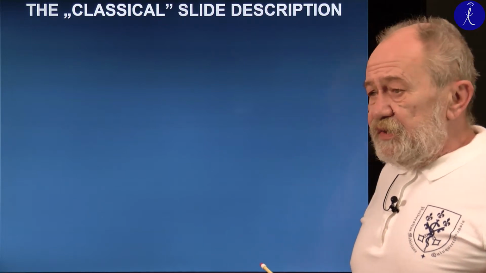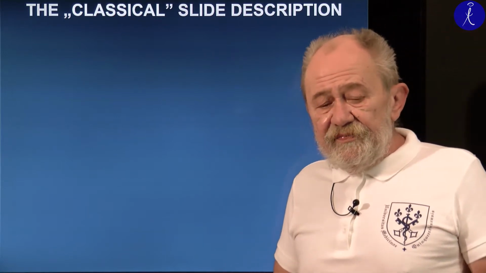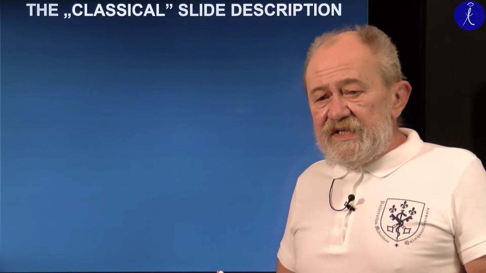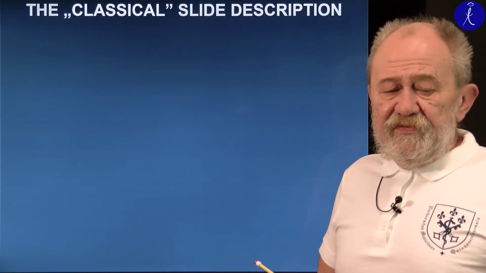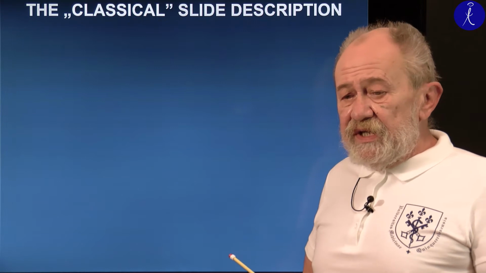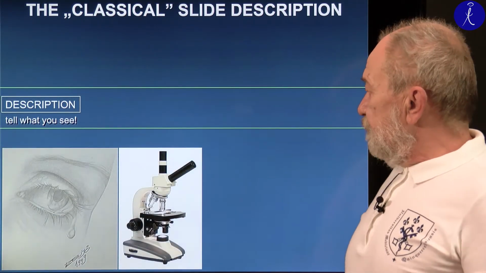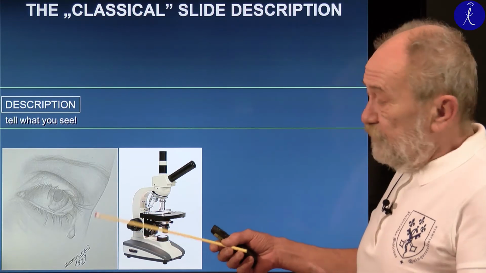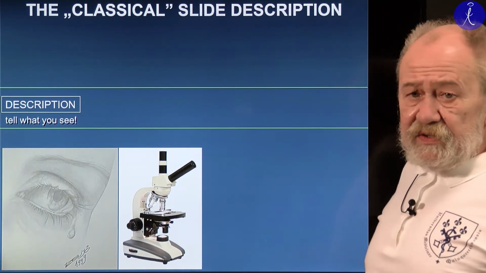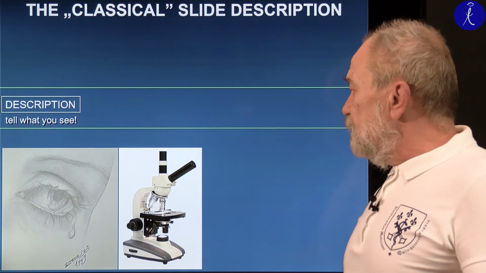What I want to tell you is that when I was young, ages ago, we had to describe the slide before telling what slide we were looking at. So the classical slide description was looking at the slide and telling with your own words what you see.